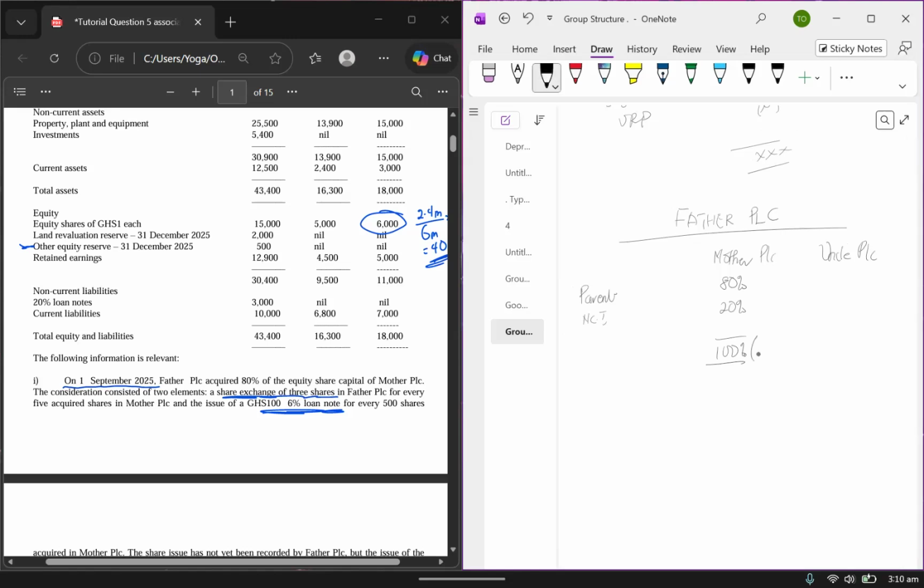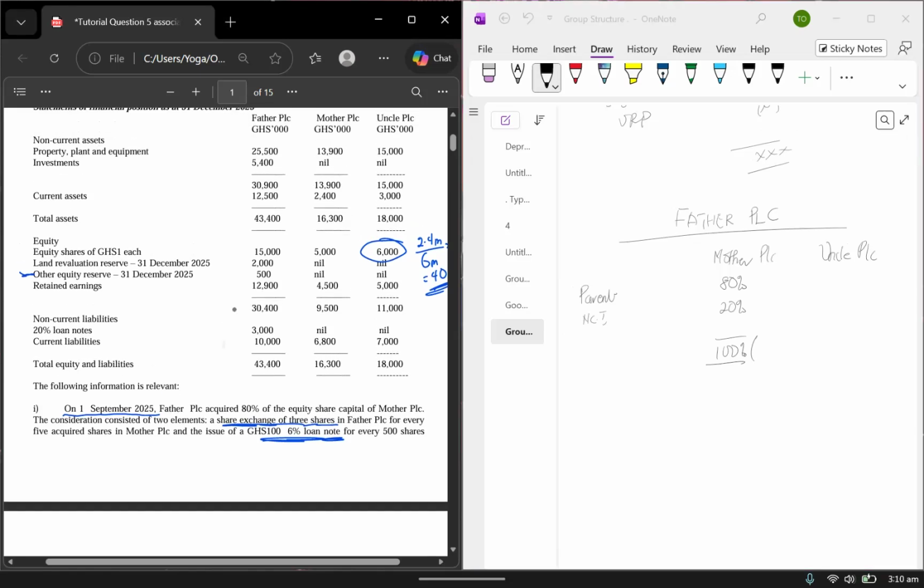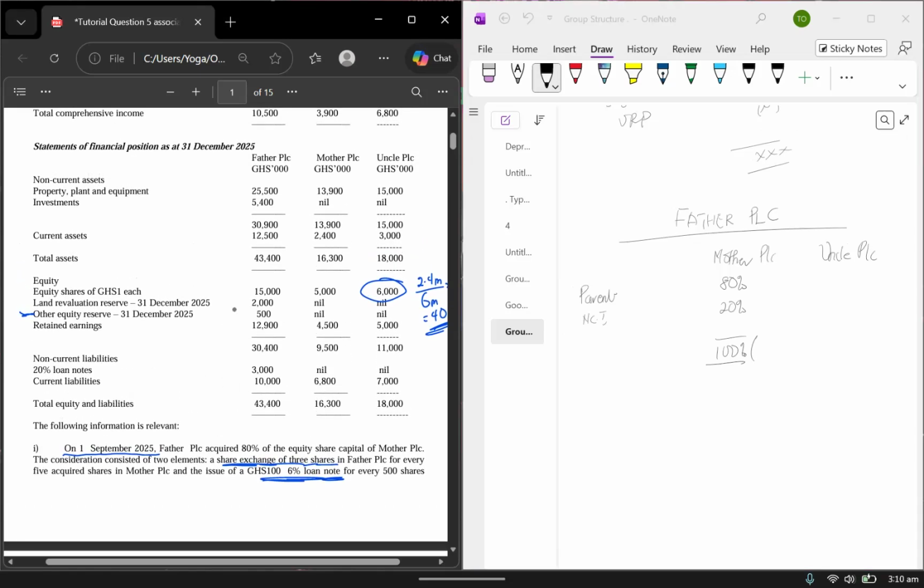The total number of shares for Mother PLC: you come to equity, and the share price is 1 cedi each. So if you divide 5,000 by 1, you will get 5,000. Actually, there are 3 zeros at the top, so it's 5 million.